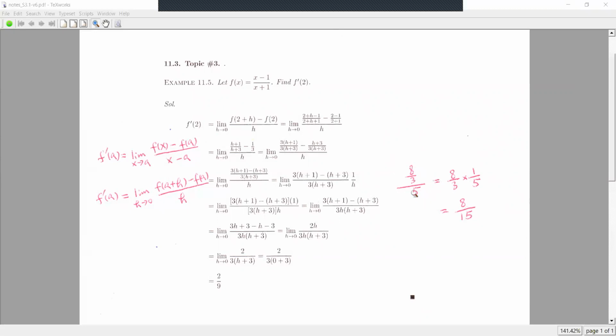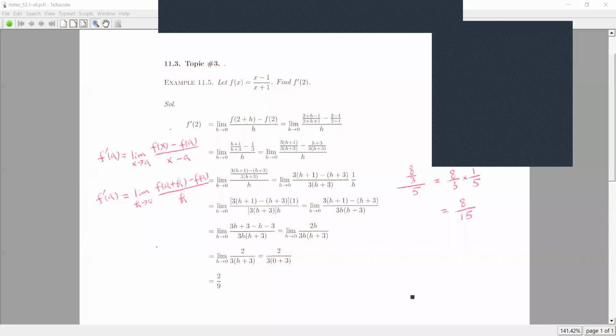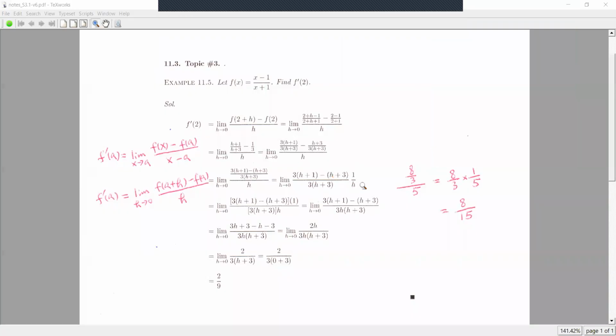Compute this number, then compute this number and see whether or not they are equal. This is a fraction times a fraction. It is equal to the numerator times the numerator and denominator times denominator. So we have this equation.